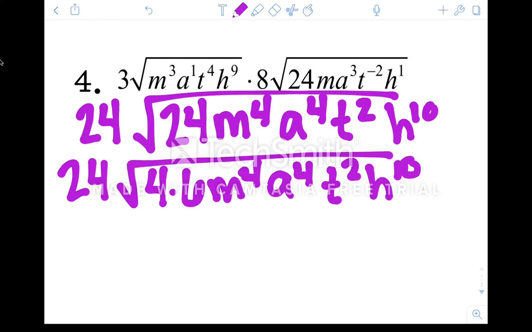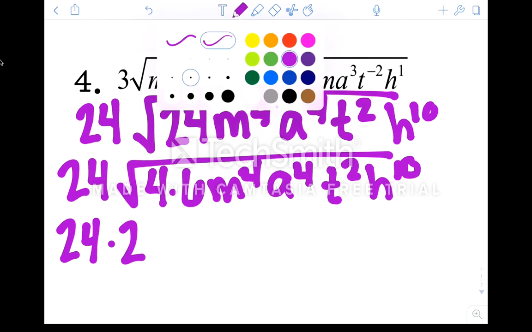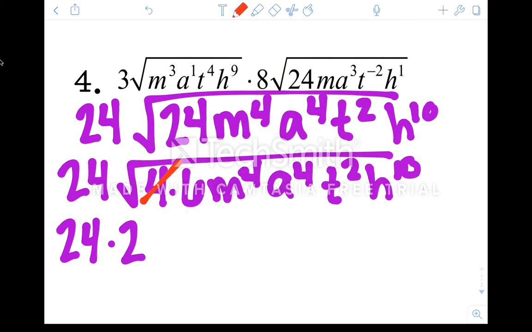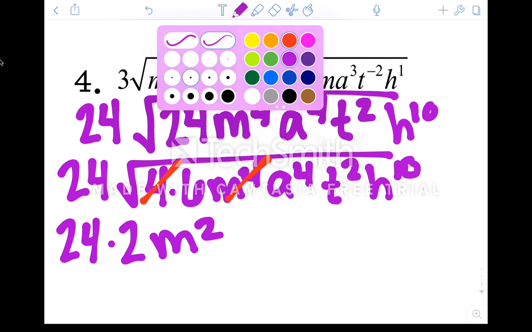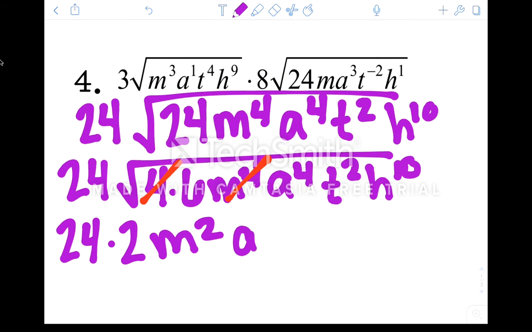Now let's go ahead and take out those perfect squares. So I have 24. The square root of 4 is 2, so I can pull that out of the radical, cross it off, staying nice and organized. Skip over the 6. Square root of m to the 4th, 4 divided by 2 is 2, so I have m squared. Once again, square root of a to the 4th is a squared.